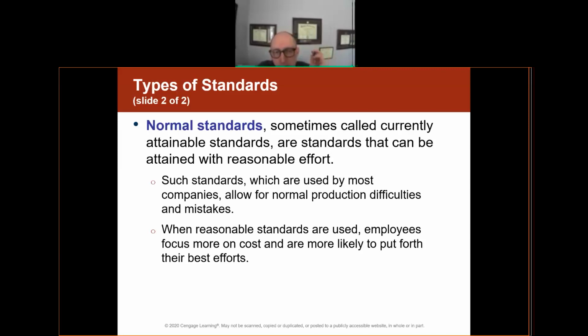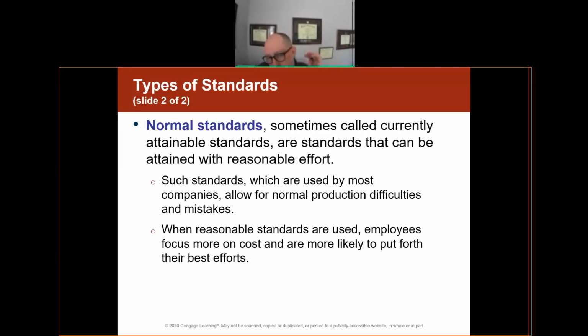But in order to set the normal standards, or the normal prices or costs, we need to identify if we can attain those standard prices or costs, and we need to be able to attain the cost within a reasonable effort, meaning I can easily obtain a direct materials cost for this pen of 6 cents.